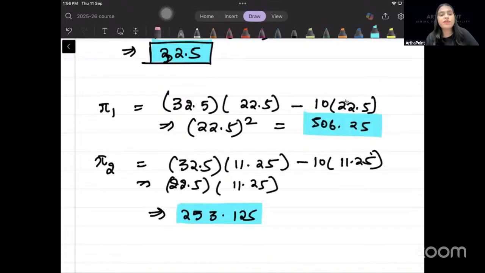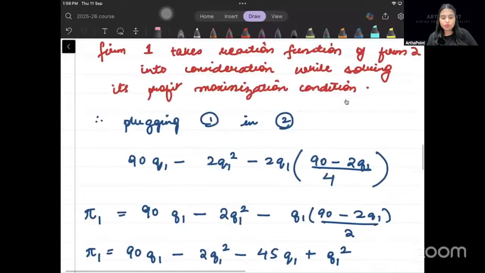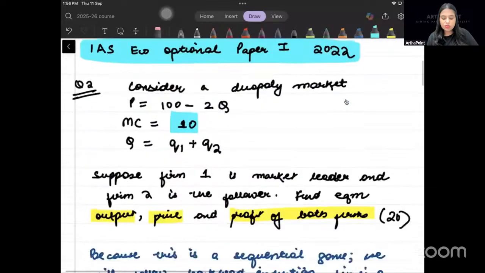So these will be the profits of the two firms. Is it clear? So this is the first part of the question, which was asking that suppose firm 1 is the market leader and firm 2 is the follower, find the equilibrium price and profit of both the firms. We have done that.